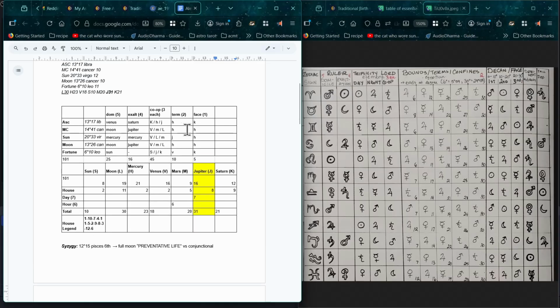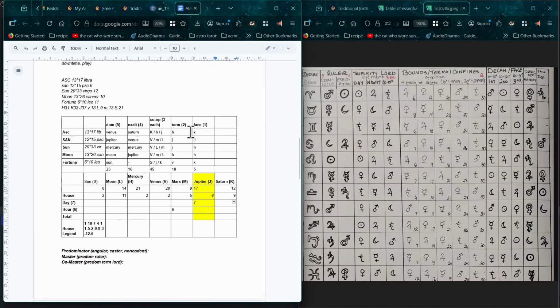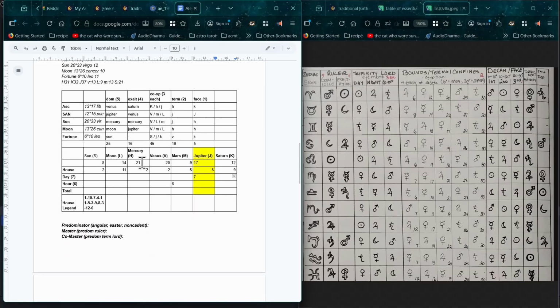Hermes lost 2, Hermes lost 1, so Hermes lost 3, and Jupiter gained 3. And now we can redo the math. This number should still be 101, so this number should still be 101.